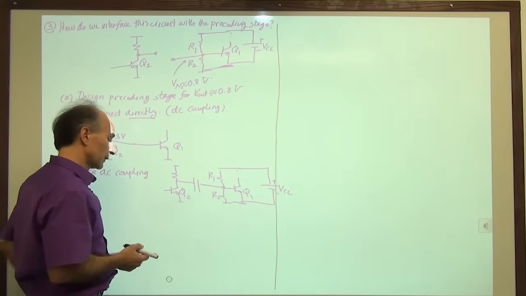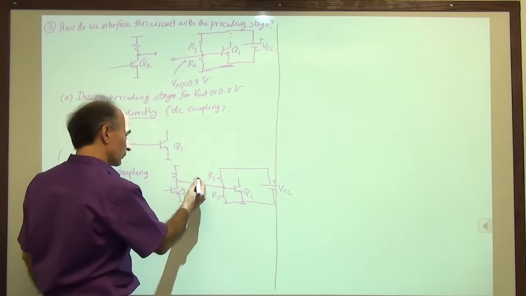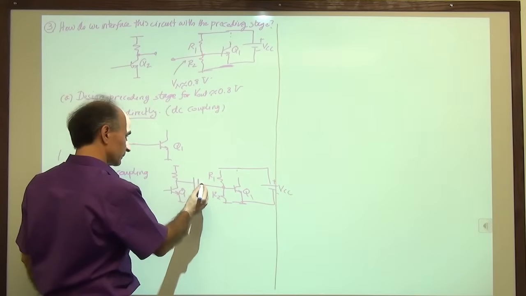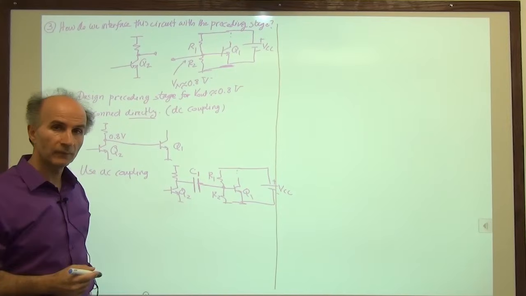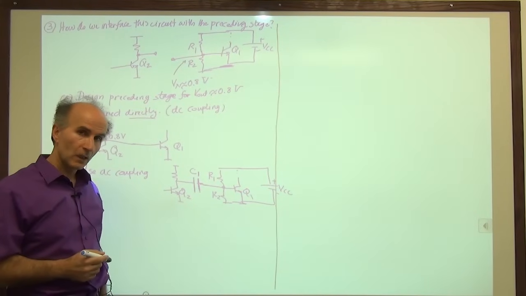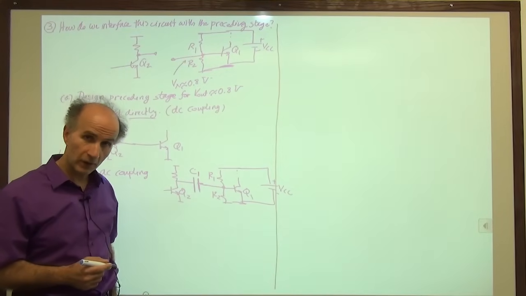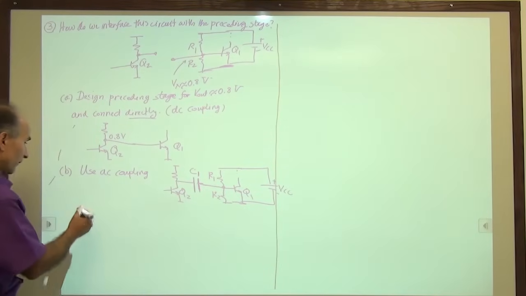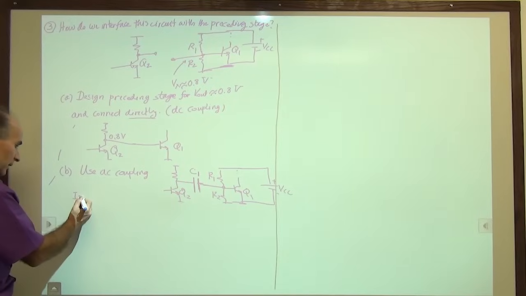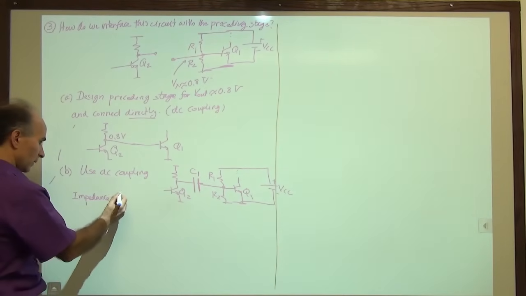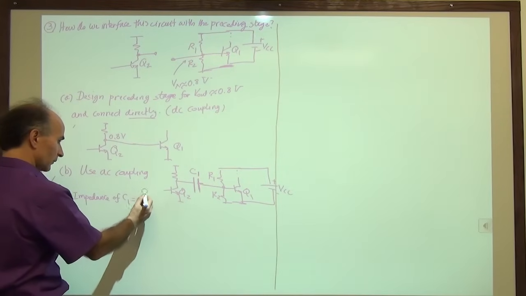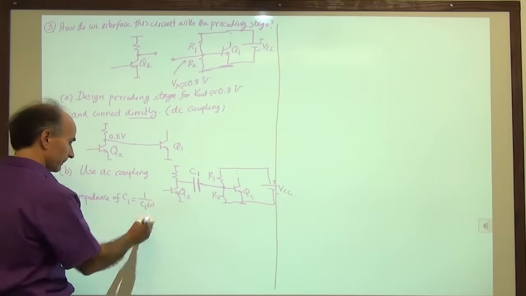All right, so the question is, how do we choose this capacitor value? Let's call it C1. So we want C1 to be large, because if you remember from your basic circuit theory, the impedance of C1 is equal to 1 over C1 omega.